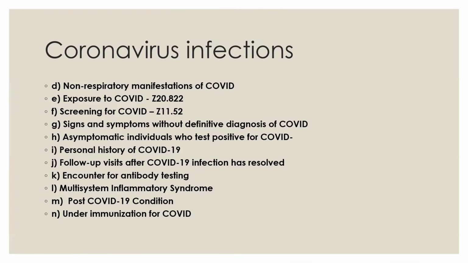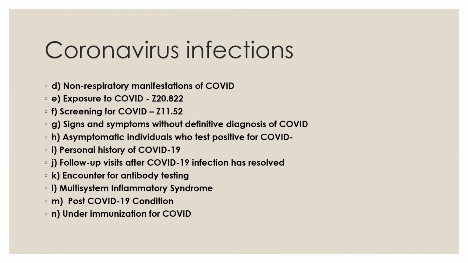When we have multi-system inflammatory syndrome, or MIS, you want to assign code U07.1 as the first listed diagnosis, followed by M35.81 for the MIS as an additional diagnosis.